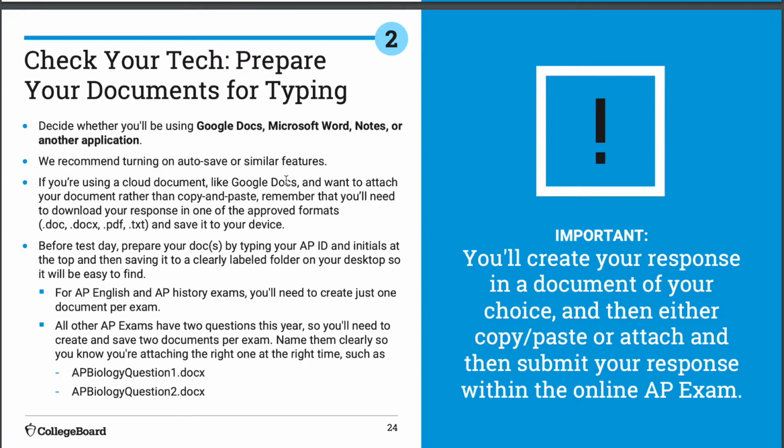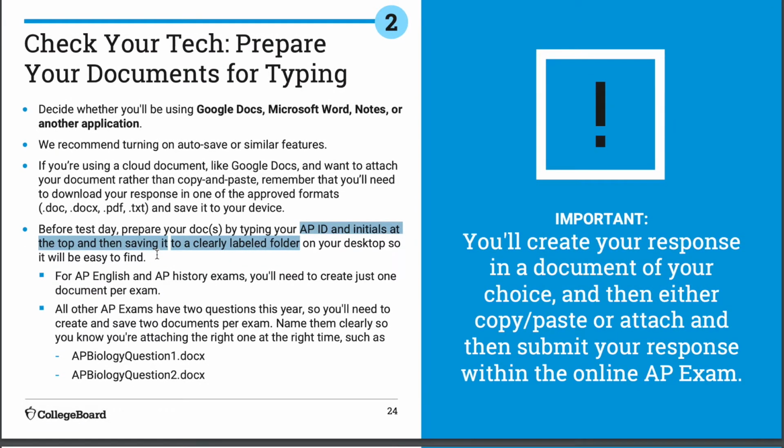Also, you should have your Apple ID and initials at the top of that page. We'll talk about that too as it gets closer, but make sure that Apple ID and initials are up there at the top.